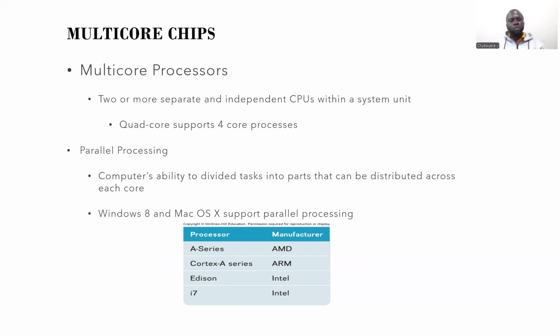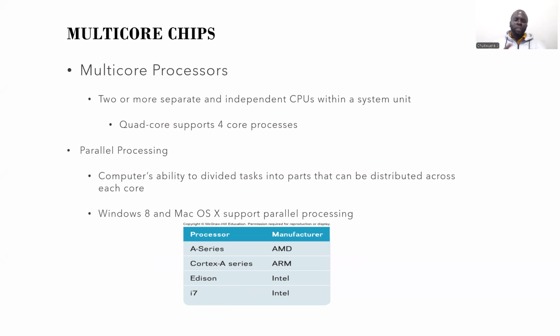You have multi-core chips, right, which provide multiple processors, two or more separate or independent units within a system unit. And today when people buy a computer, they talk about dual core, quad core, and all the rest of them.